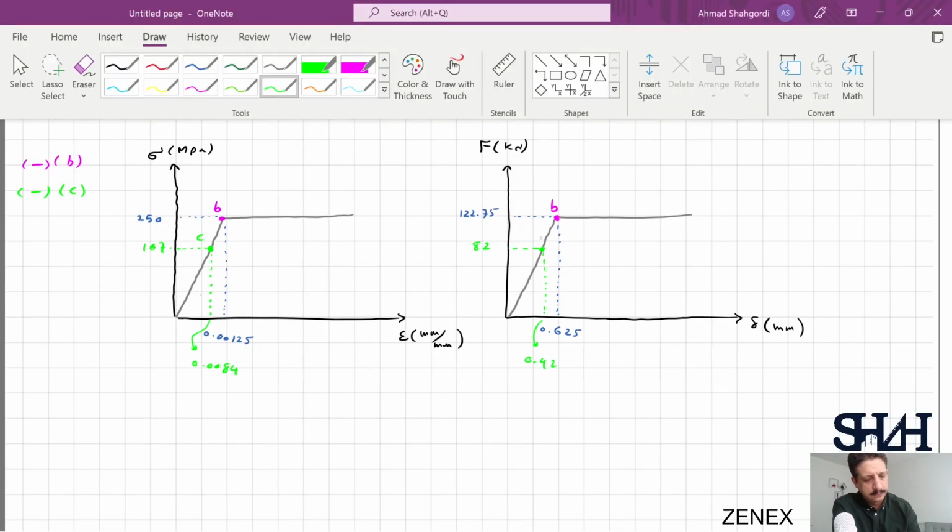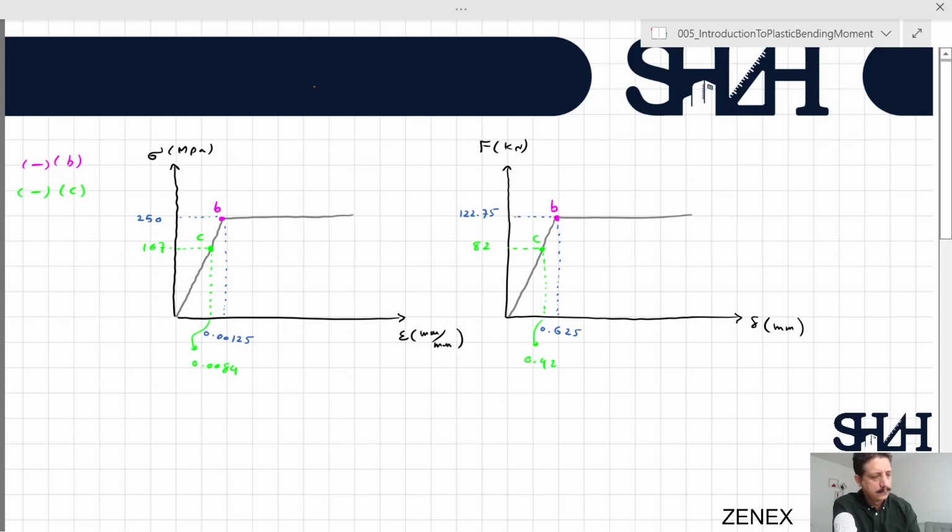And also for the other element, D, 83.3 megapascal, corresponding to 0.0042 strain, and 41 kilonewton, 0.21.